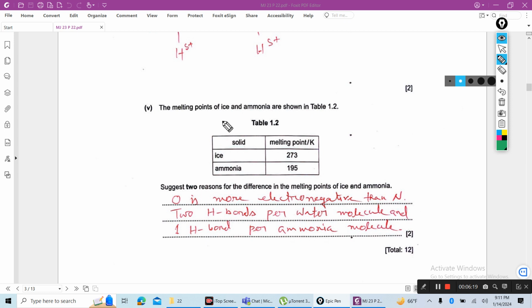Number 5, the melting points of ice and ammonia are shown in this table. Ice melting point 273 and ammonia 195. Ice, you know, is solid water, and ammonia is NH3.